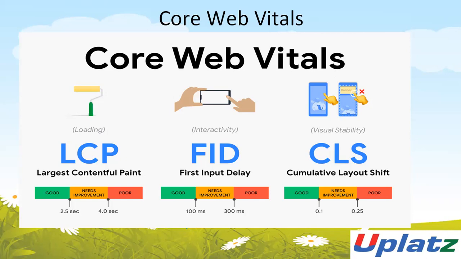LCP stands for largest contentful paint. If your website has heavy images, some animation, or some video in the first fold, then whatever time it takes to load is considered the LCP. According to Google, less than 2.5 seconds is very good. Between 2.5 and 4 seconds needs some improvement because the user might skip.